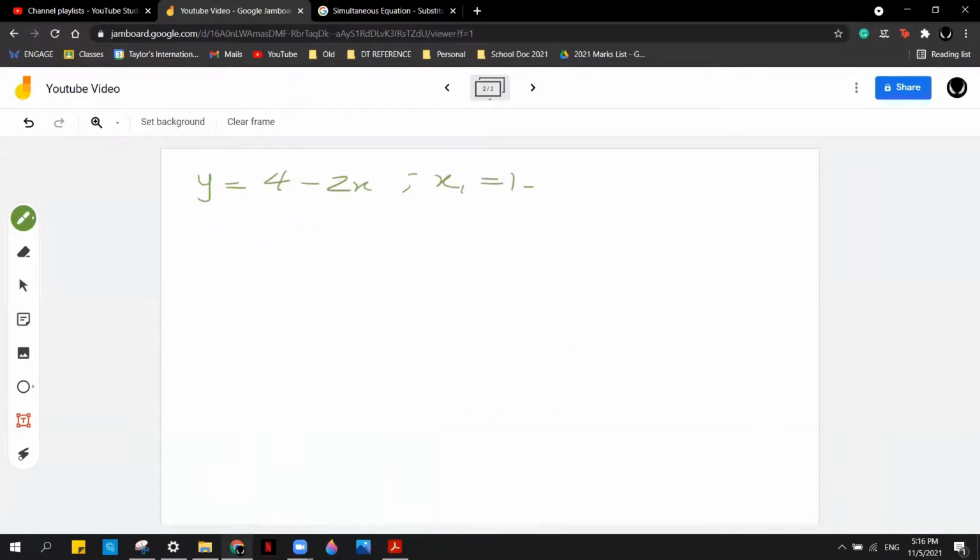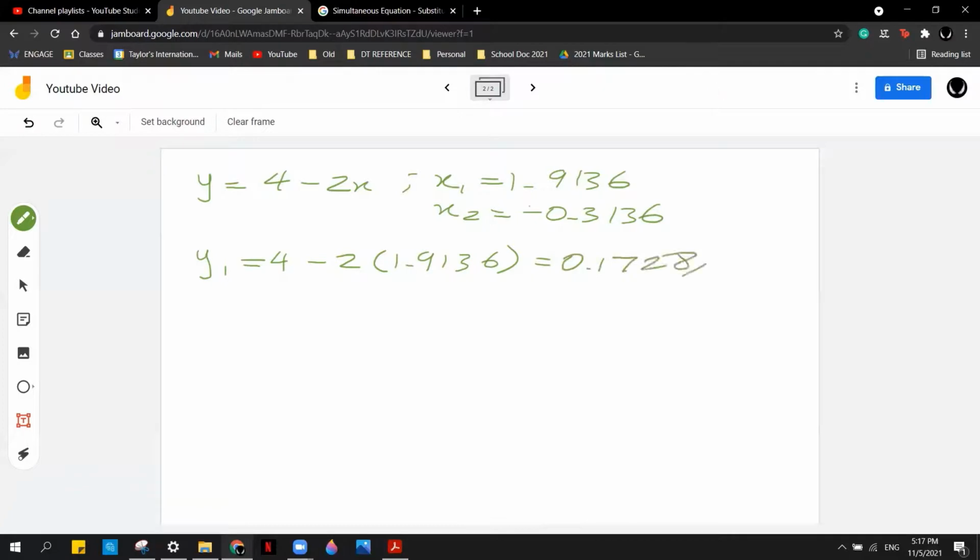When x1 is equal to 1.9136 and x2 is equal to negative 0.3136, let's see what y1 is. So y1 would be 4 minus 2 times x1's value, 1.9136. It's an easy calculation where you can just type it into your calculator, and we will get a value of 0.1728.